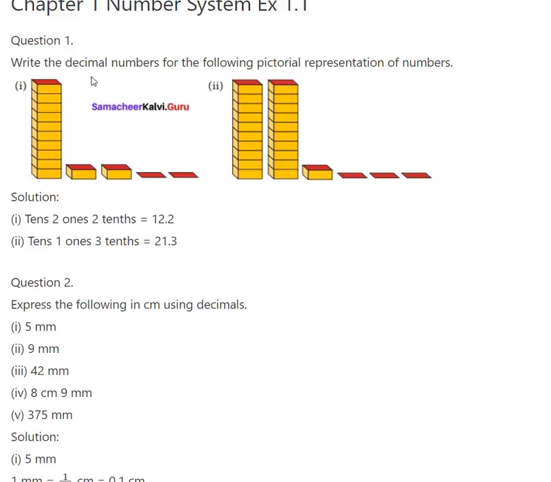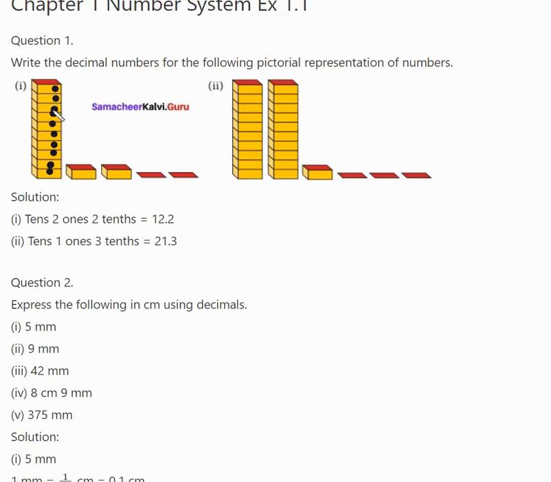Question number 1. Write the decimal numbers for the following pictorial representation of numbers. This is the given diagram, right? Here we have to write the decimal number. Before that, just count and see: 1, 2, 3, 4, 5, 6, 7, 8, 9, 10 boxes are here.